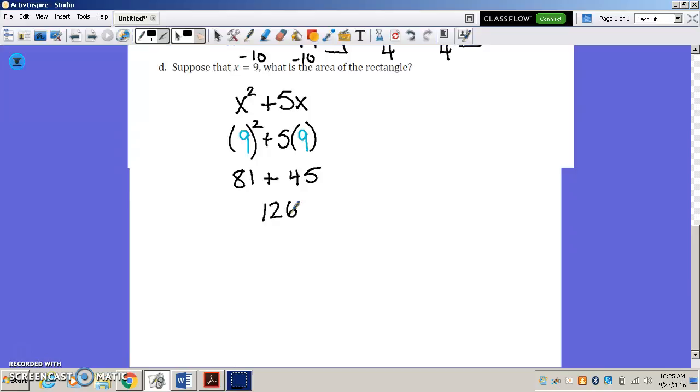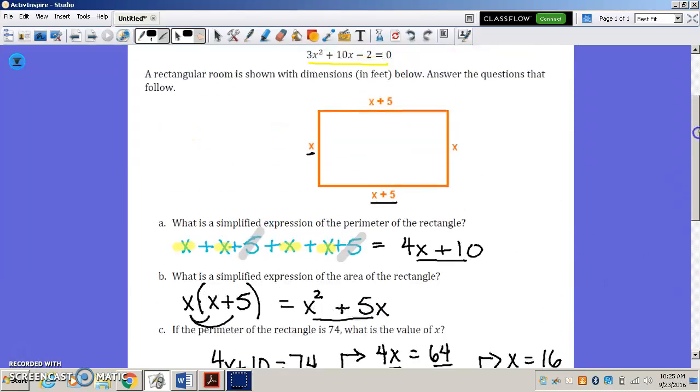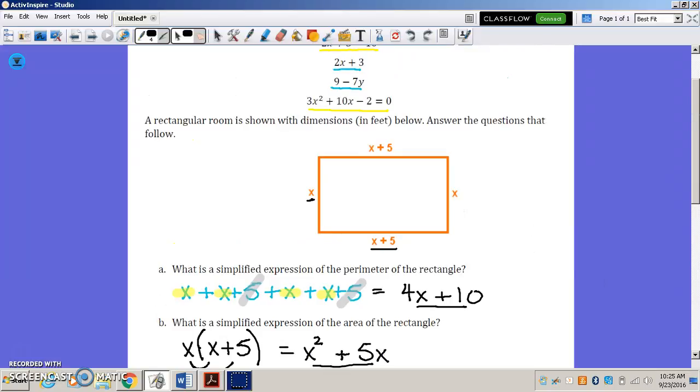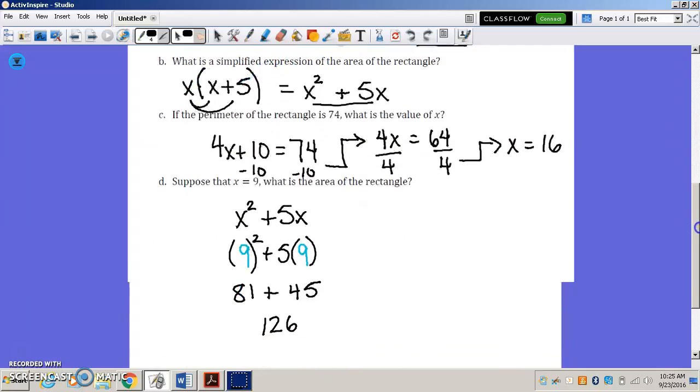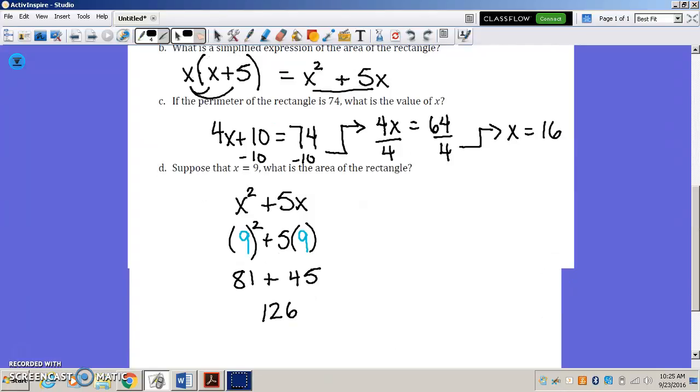I actually didn't talk about the units. So I'm going to go back up. We notice that the dimensions are in feet. So if this was x feet, say x was 10, this would be 10 feet. This would be 10 plus 5, that would be 15 feet. So back to C and D, I actually need to make a new answer here.